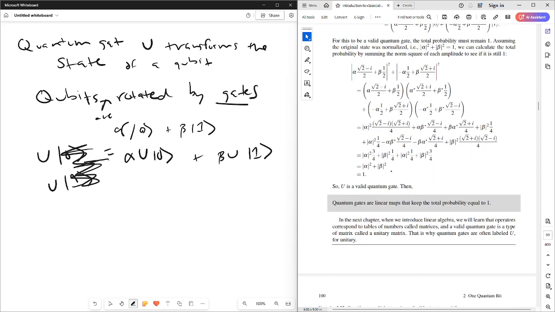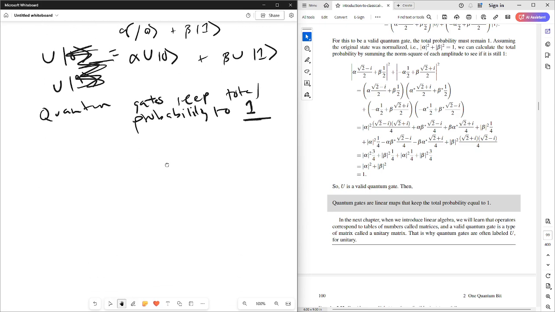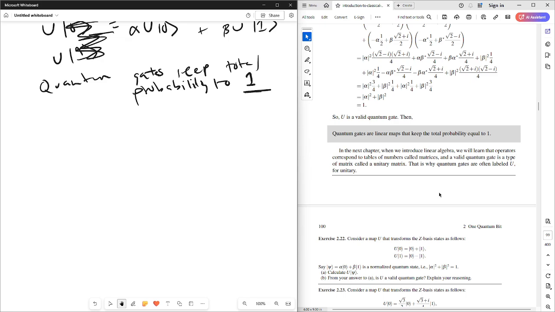The quantum gates keep total probability to 1. They don't affect the validity of a quantum state, right? So they keep it, they maintain normalization. Sorry, that's the best way to put that.